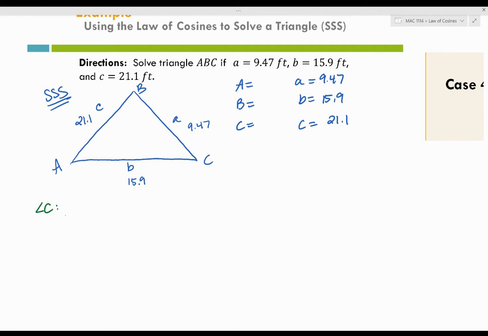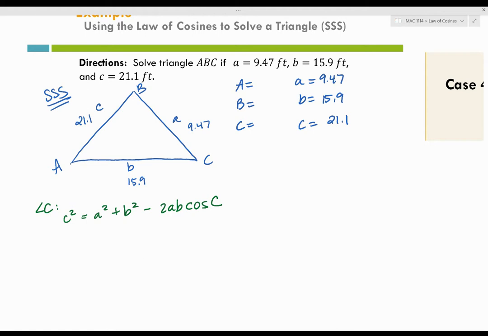For c, the law of cosines says c squared equals a squared plus b squared minus 2ab cosine of C. Now, because I'm looking for the angle, I'm going to manipulate this formula so that it will give me the angle.